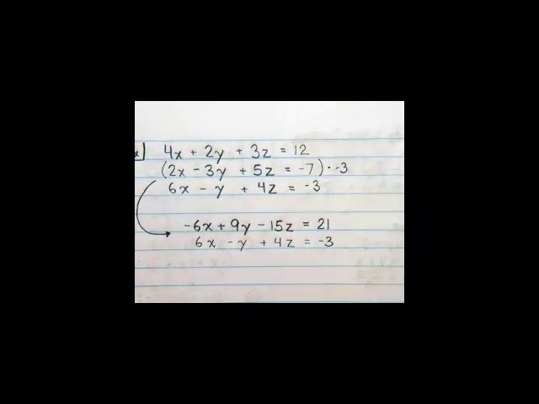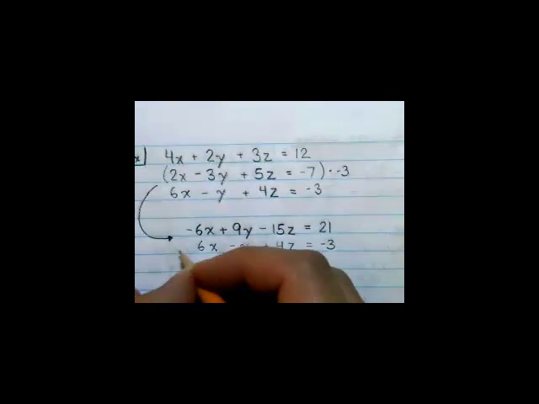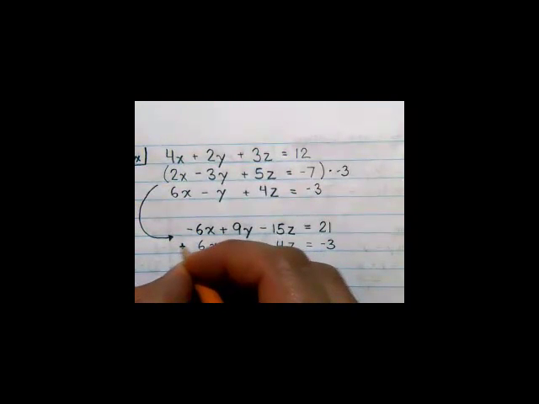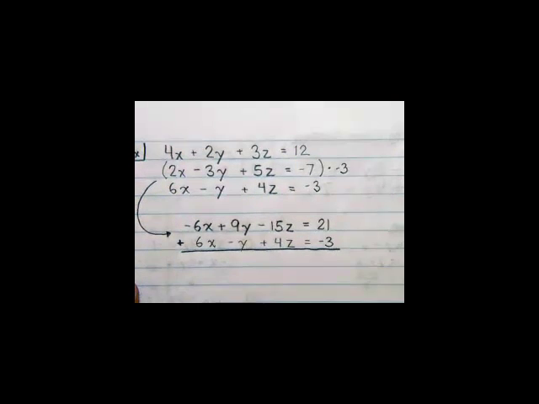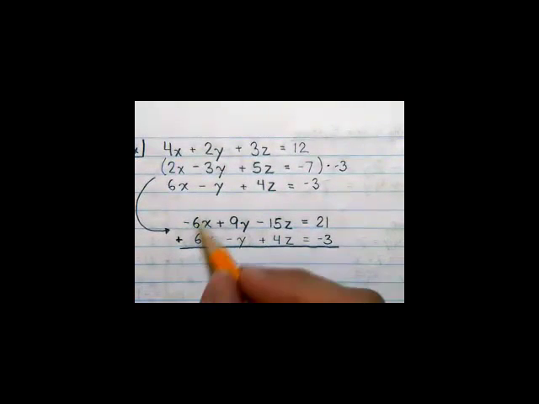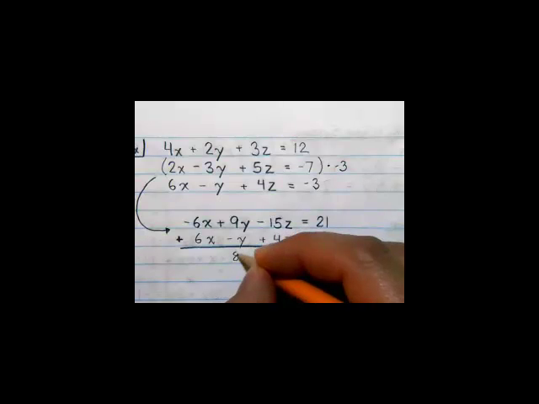Okay. So now that I have those two, just like in that elimination process I showed you last time, we can go ahead and add those two things together, right? Get rid of the x. All right, so if we add them up, those are gone. 9 plus -1, that would be 8.